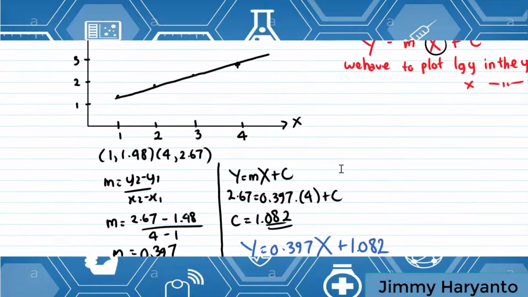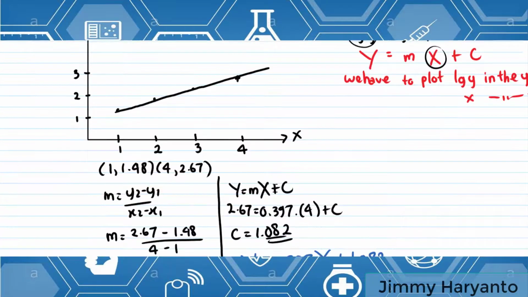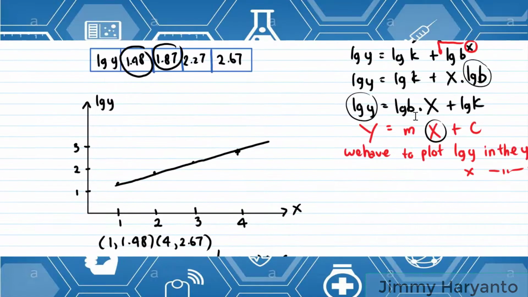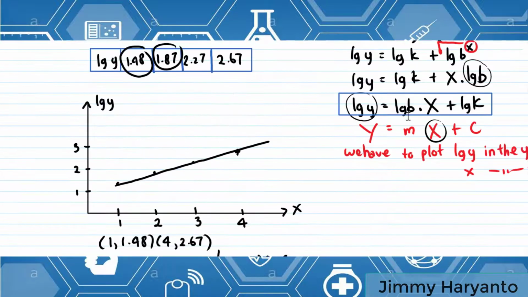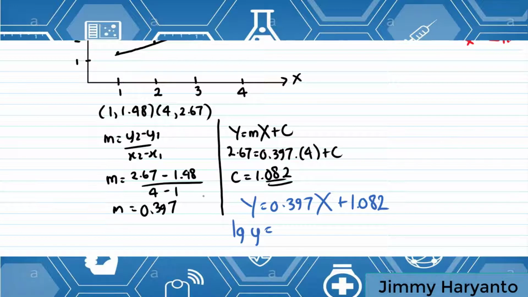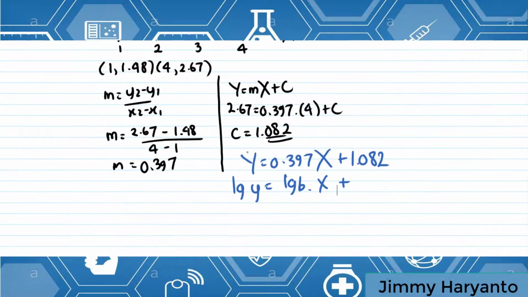Yeah, do not forget we have to change the big Y and the big X. Okay. We don't have to, because we already have this one. Yeah, we only have to copy this to the bottom. So I have LGY equals to LGB times X plus LGK.